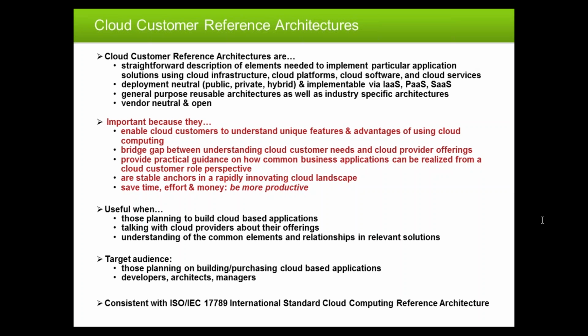These reference architectures are deployment neutral. You can implement these capabilities and the interactions that are being defined here using public, private, or hybrid cloud. And you can also implement them using a variety of as-a-services: infrastructure as a service, platform as a service, or software as a service.